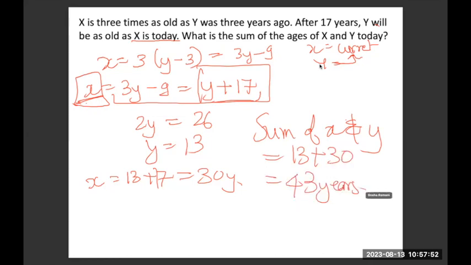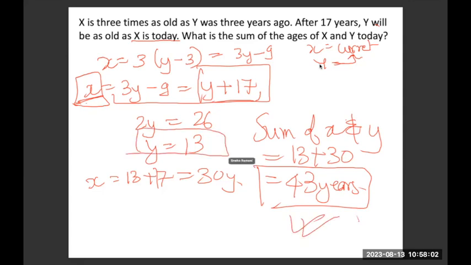Is this clear? So 43 years is the correct answer. You don't have to stop by finding the age of y or the age of x, because what is asked is the sum of ages of x and y today. Any doubts, any questions in this?